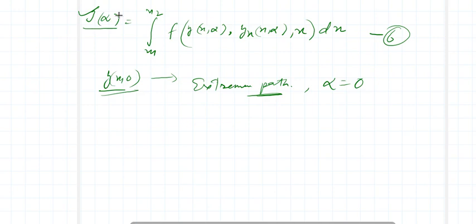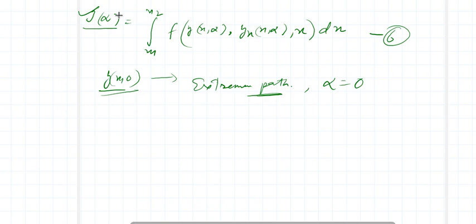Out of the many possible paths, which path will you follow? Either you will follow a path which has least action or least time, right?